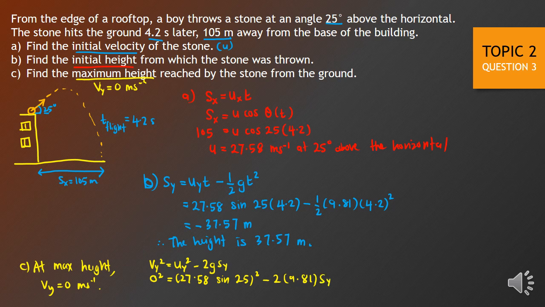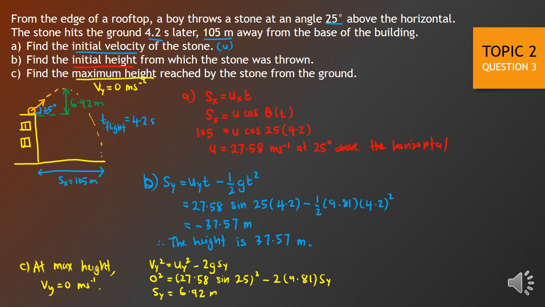So here we get our Sy to be 6.92 meter. This 6.92 meter is measured from the initial position of the stone to its maximum height, which is here.